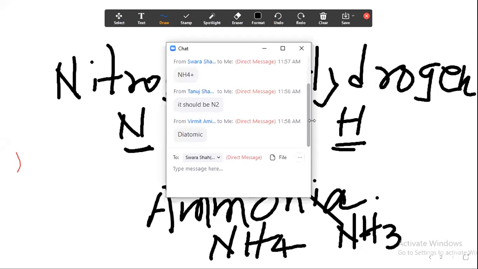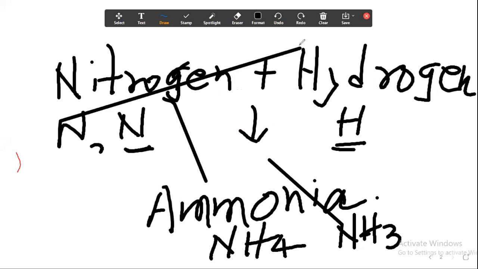Tanuj is also saying it should be N2, right? N2, it should be N2. In the same way for hydrogen, H2. We cannot have a single nitrogen or single hydrogen as a free atom, right? It will always be in this state, nitrogen, dinitrogen. Okay, got it, everyone? Yes, it is always diatomic.